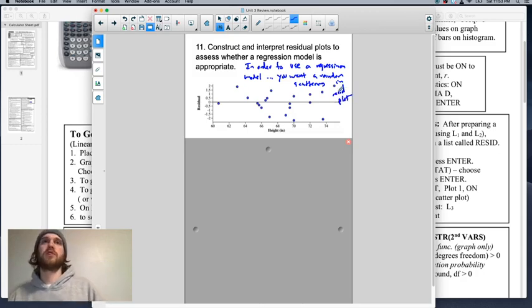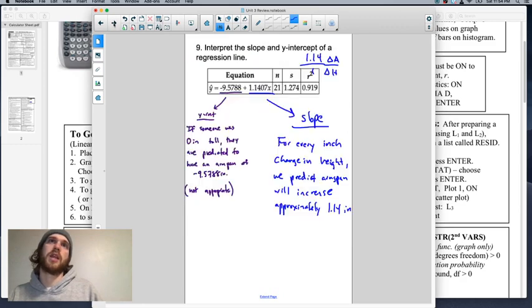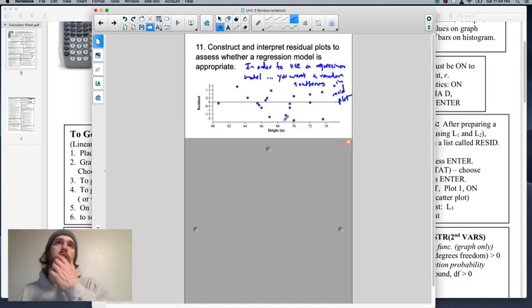Okay, so when you see a residual plot, basically what you're doing is you're going back to this line here. You're calculating all the residuals for each point, and you're plotting them against your explanatory variable. So here we have the explanatory variable, and then you're just plotting how far away it was from the predicted line, and you should see no pattern in the plot or in the points around the line.